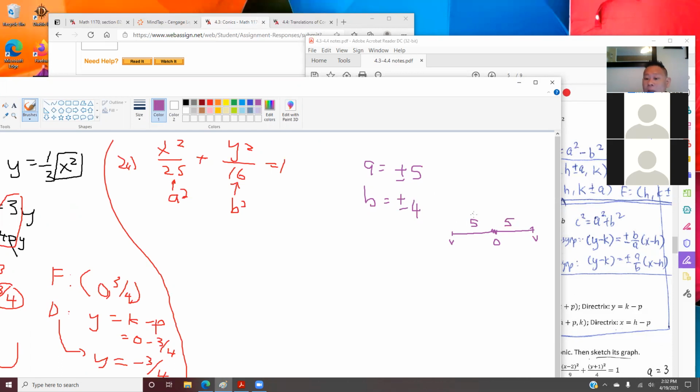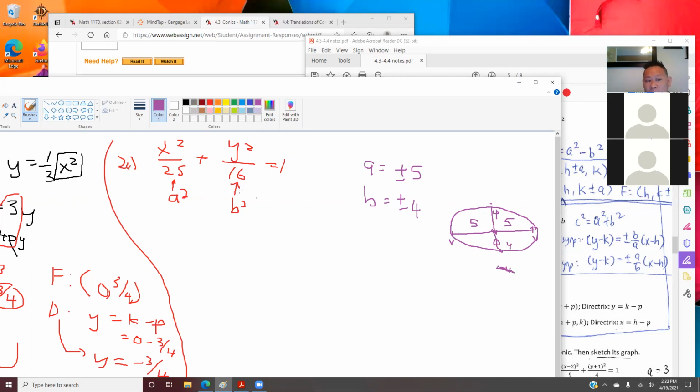That's the meaning of a. b in this case is the minor axis, going up because this one goes sideways along the x-axis. So this side will be 4 and this will be 4. This is what your ellipse looks like. The b tells us the 4, and the a tells us the 5.